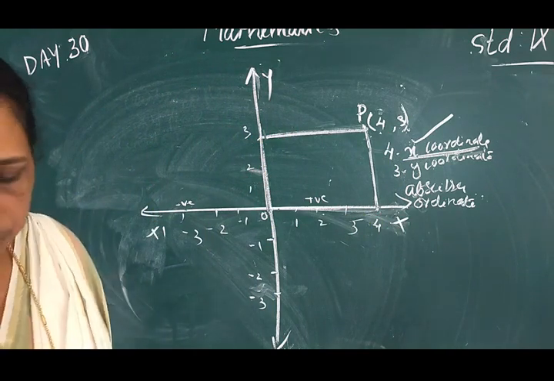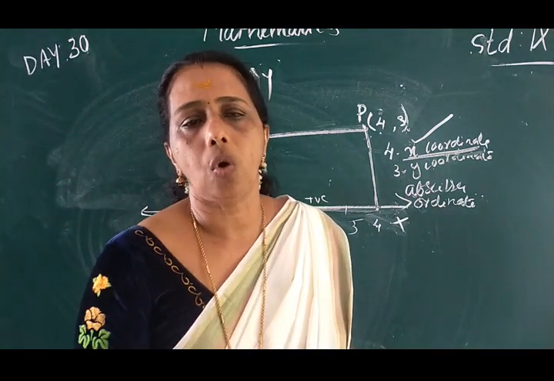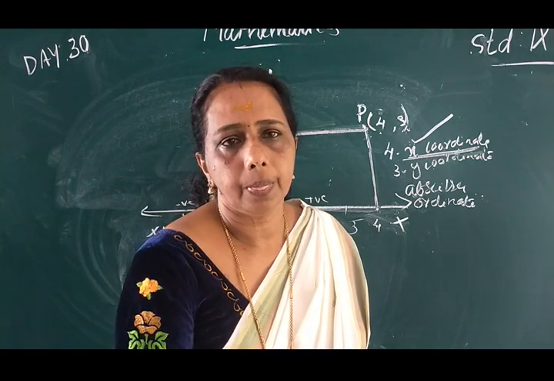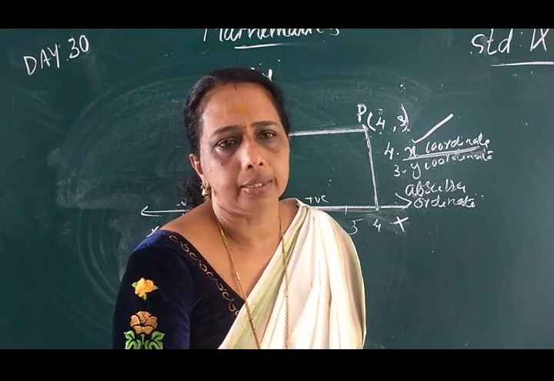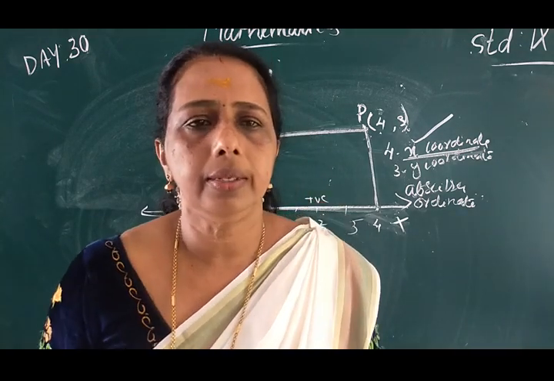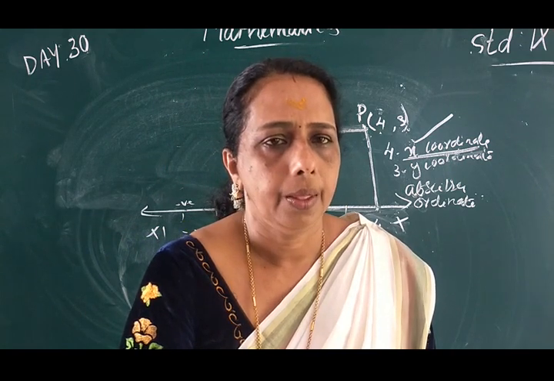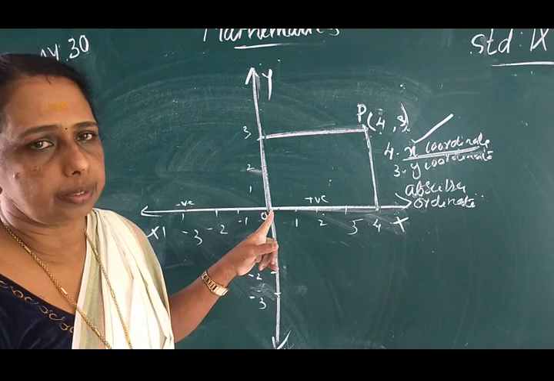So here we have to explain what the xy plane, or coordinate plane, is. Its name is the Cartesian plane. When the x-axis and the y-axis intersect at the origin in a plane, that plane is called a Cartesian plane. The intersecting point is called the origin.